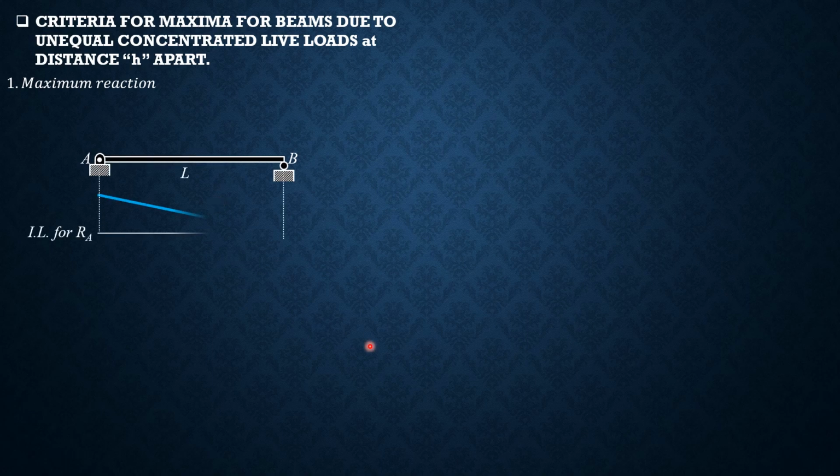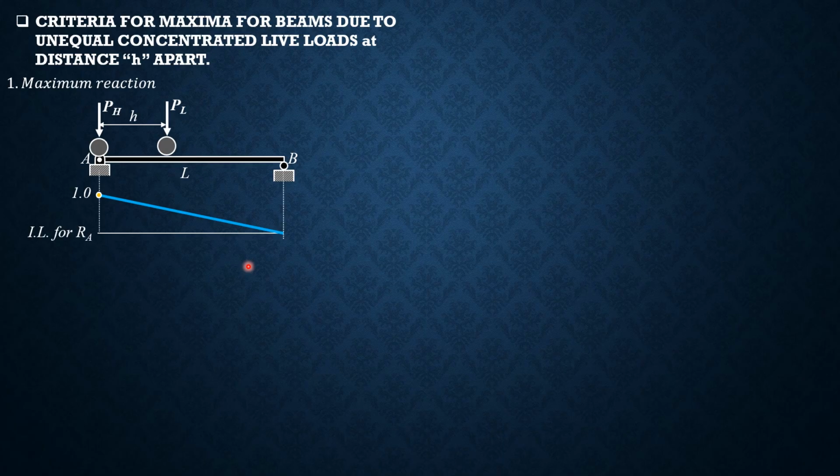So remember that for maximum reaction, this is the influence line and the value of the ordinate over the support is 1.0. Therefore, because this is the maximum ordinate, the heavier load should be placed over that support and the lighter load should be placed on the span.